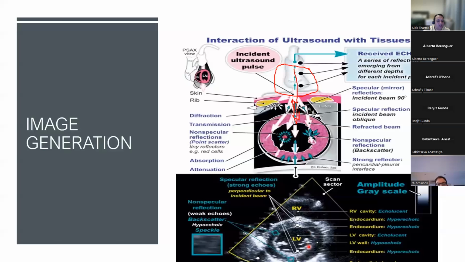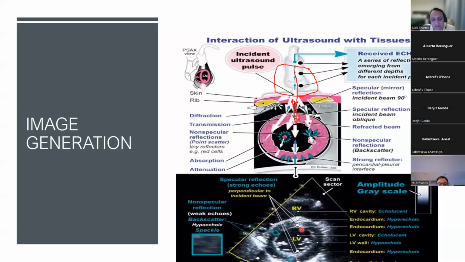Hence the tissues over here are less bright as compared to the tissues here and here, because the probe is sending waves that are perpendicular. You can also see that the intensity of this wall is much brighter than the intensity of this wall, because sound waves have had to pass through this tissue, they get absorbed, and they undergo attenuation.